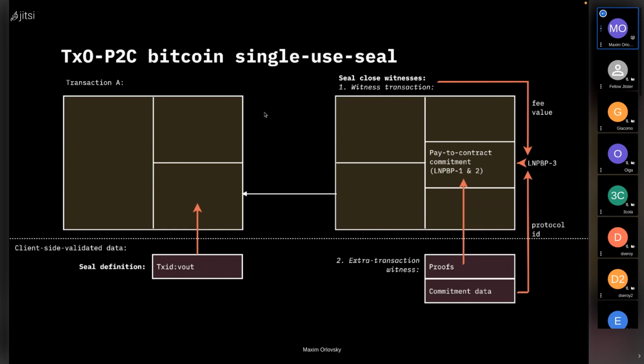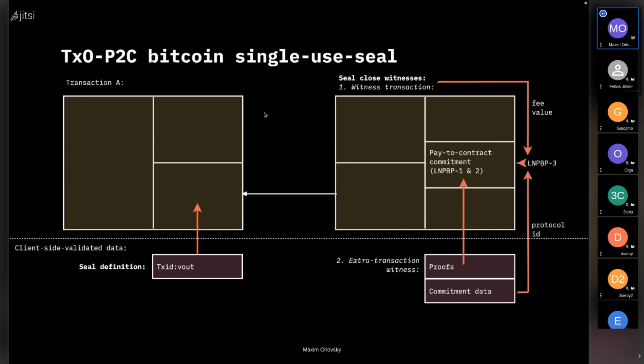And we had to cover all of those complexities because without that, we would not be able to be compatible with the Lightning Network, where all the outputs of the commitment transaction have script-based outputs. And finally, we have to determine a specific transaction output that contains the commitment.